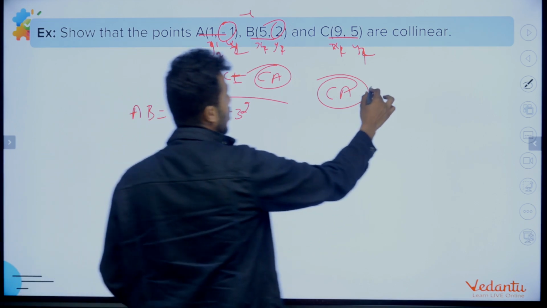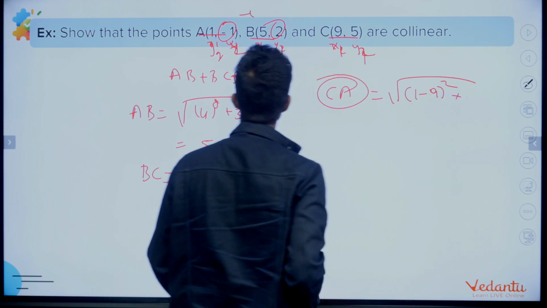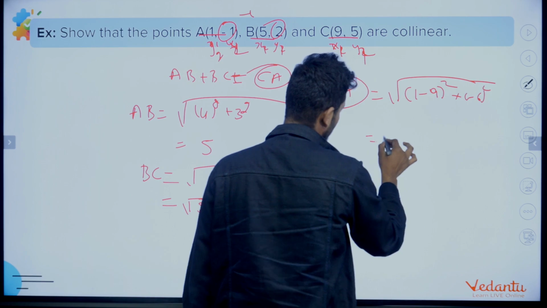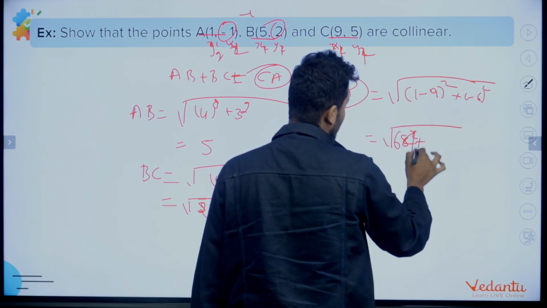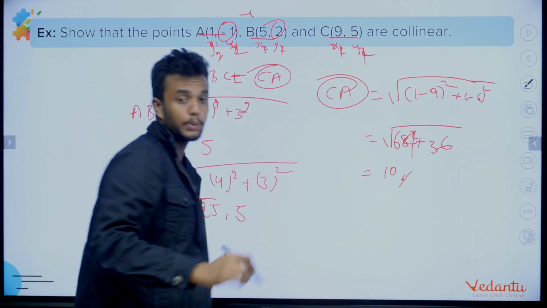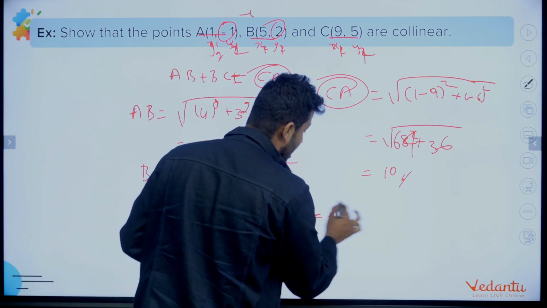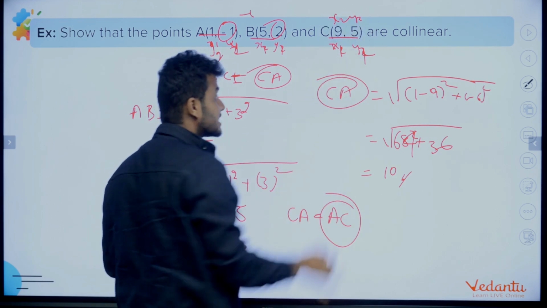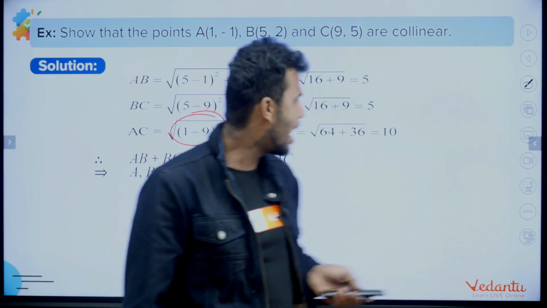Don't get confused here. 1 minus 9 whole square plus minus 1 minus 5, minus 6 whole square. 1 minus 9 is minus 8, square 64, plus 36, it becomes root 100, that is 10. Students, whenever instead of CA, if you choose AC, the value becomes x2, y2 in the case of AC. In the case of CA, it's different. Concentrate on the values. Okay, is it clear?